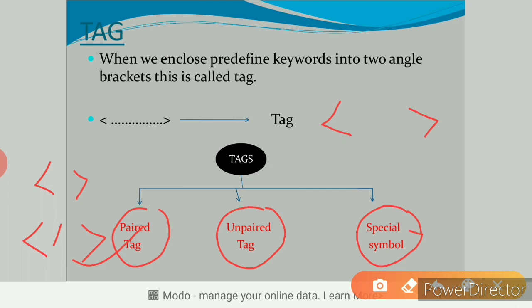An unpaired tag is also divided into two parts: self tag and without tag. What is a self tag? A self tag does not come in a pair, and a forward slash is used at the end of the tag. Suppose we are using the image tag. The image tag is an example of an unpaired tag.